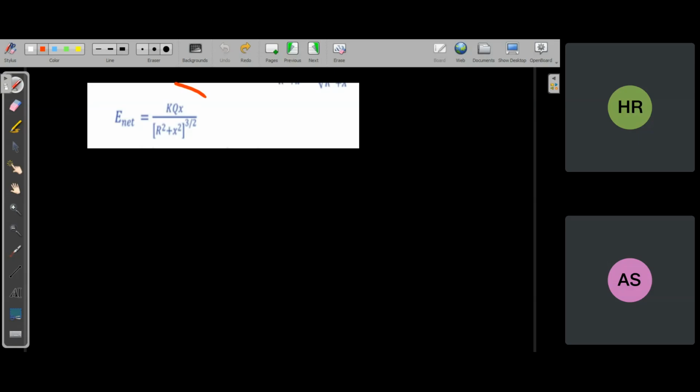Can you convert this expression into a binomial expression and find the electric field for x very, very less than r?